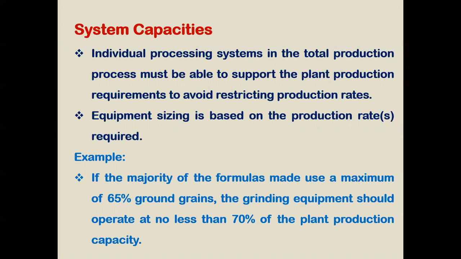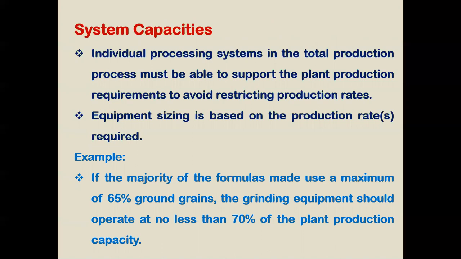Now coming to the system capacity. What is the system capacity? Actually, the processing system, where the total production process must be able to support the plant products and the requirement, so as to avoid restricting production rate. This is very much important.